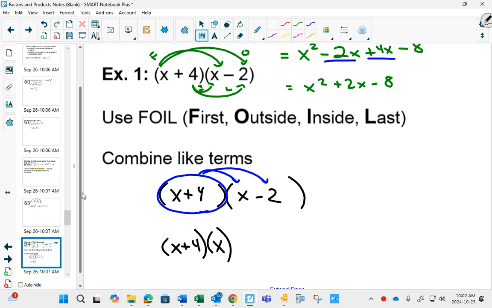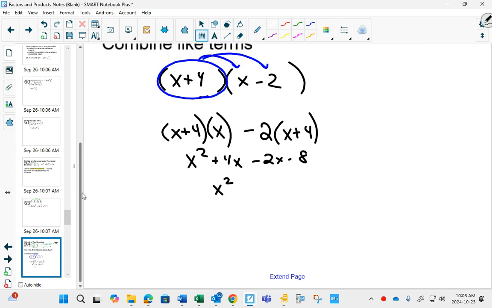And then the second one, I would get the minus 2 would also get multiplied by the x plus 4. If I did it that way. And then if I multiply this, because they're monomials, I would get x squared plus 4x. And here, minus 2x minus 8. And look at this. We get the same thing as before, which is kind of cool.